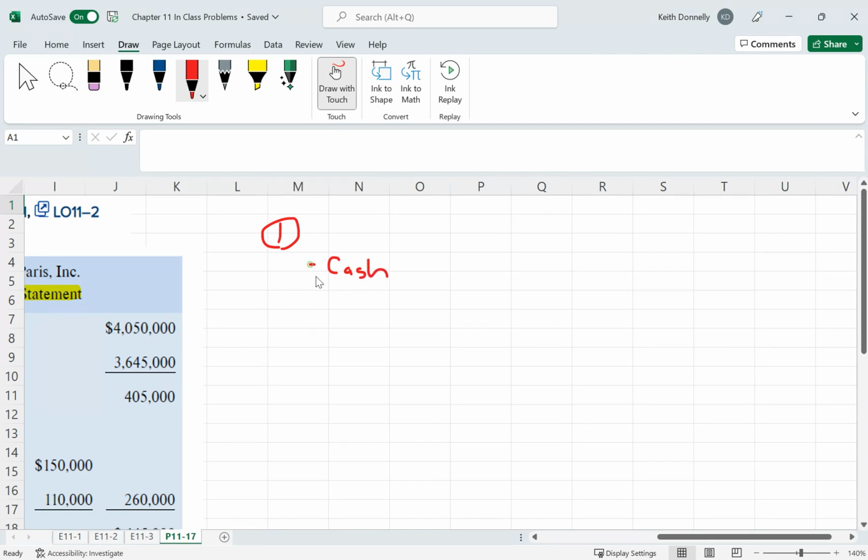We have our accounts receivable. We have our inventory. And we have our property, plant, and equipment, right?